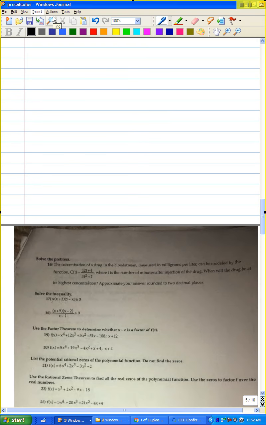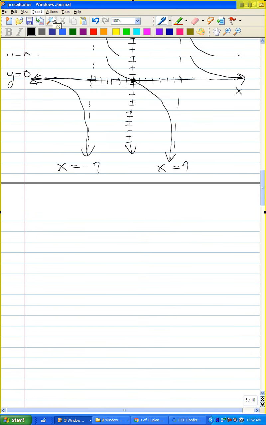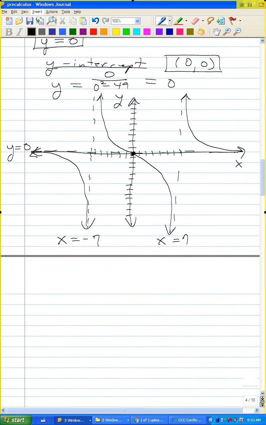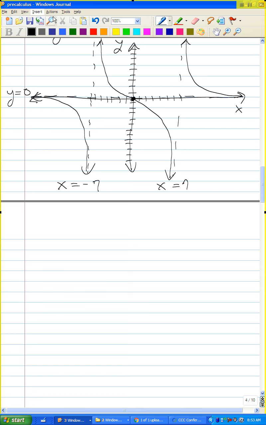So f of x equals x squared plus x minus 42 over x squared minus x minus 30.